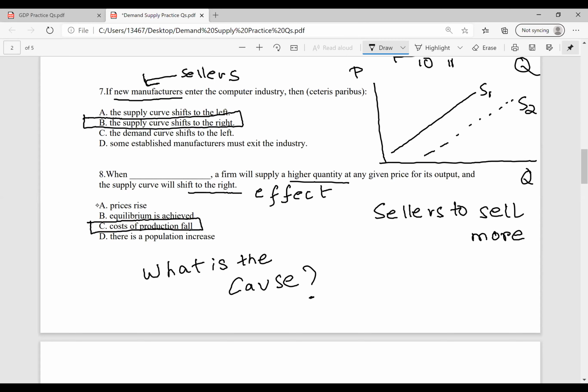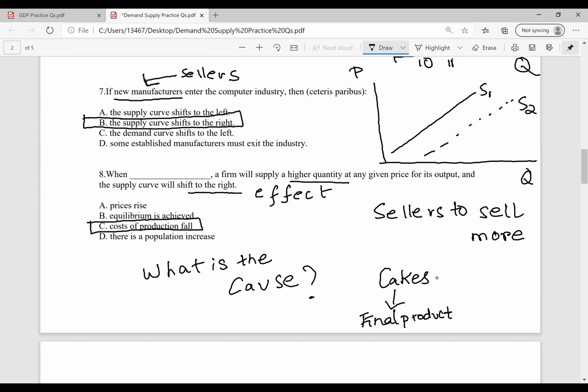Let me give you an example here. Say you have your own bakery and you want to produce and sell cakes. So cakes, this is the final product. Okay.